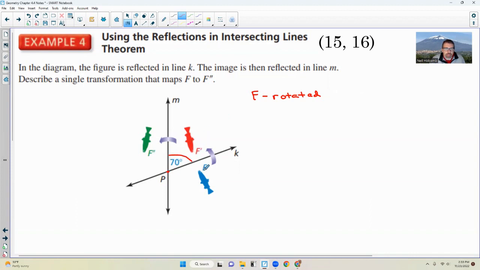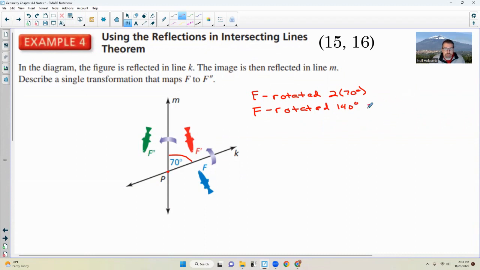Remember, the theorem says that if you double that, that is the rotation angle. So fish F rotated 2 times 70 degrees. Okay, so F rotated 140 degrees.